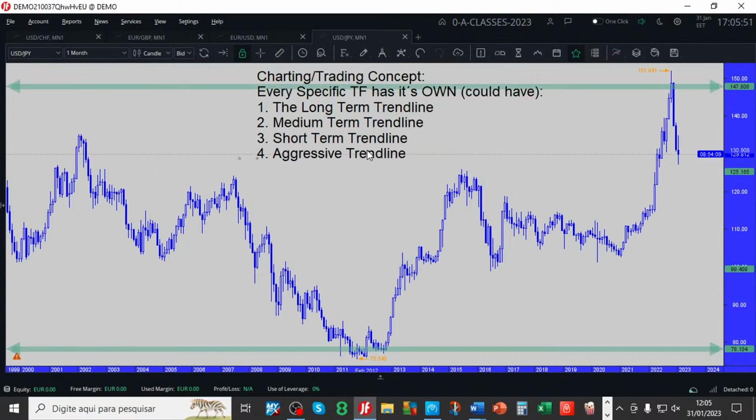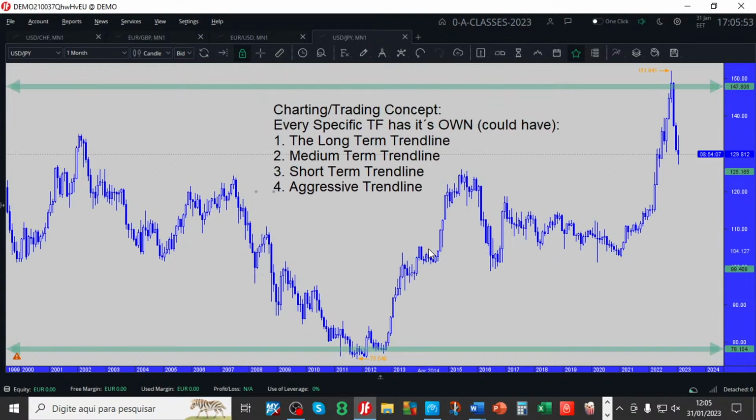Everybody, take a screenshot, make a picture, type in the chat. Charting, trading concept: every specific time frame has its own, meaning it could have, the long-term trend line, medium-term trend line, short-term trend line, and the aggressive trend line.